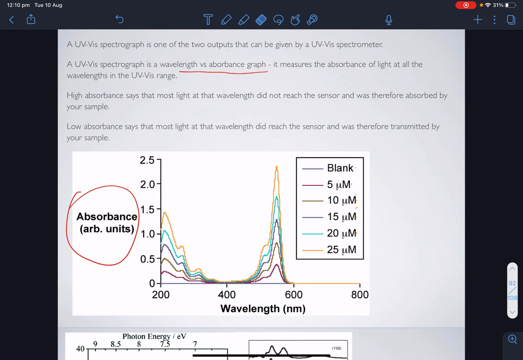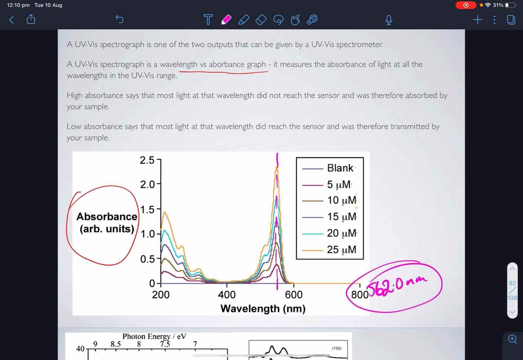Okay, so ideally, if you get this spectrograph and you just want to quickly use it as a colorimeter, what I'd do is ask, what is this really good peak here that shows a really good linear trend between concentration and absorbance? And I'd look it up and zoom in and see that's 562.0 nanometers.